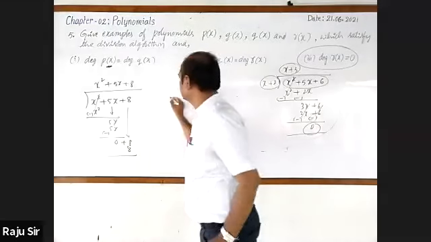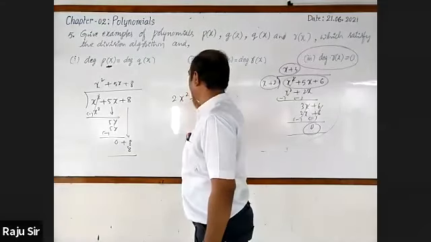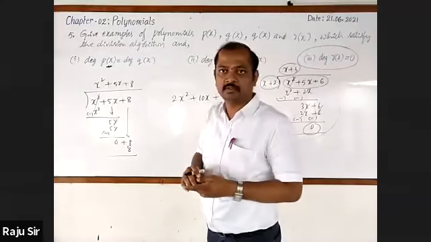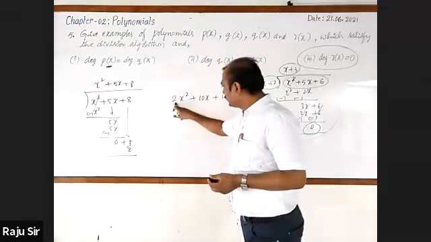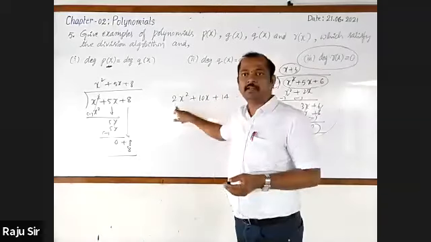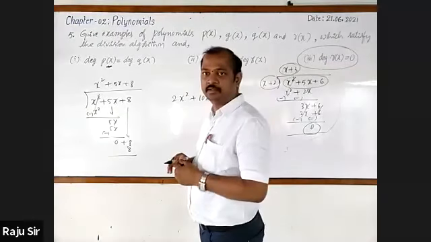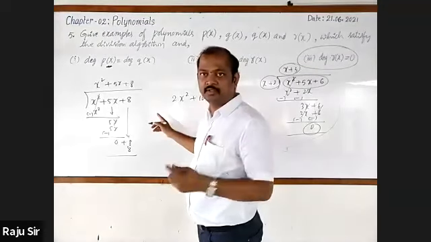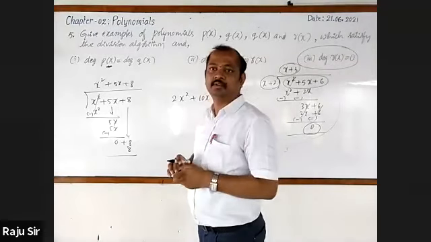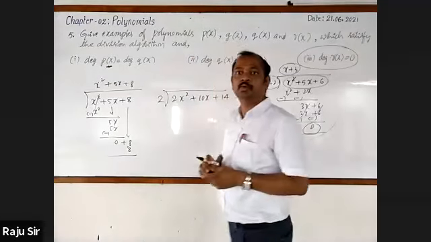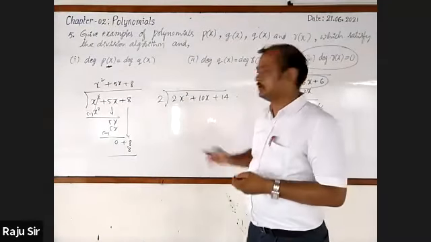I'll write like this. It is 2x square plus 10x plus 14 on the third. You can notice that coefficients are the multiples of 2. Followed? Yes, sir. Let us divide this by 2. Now divide this.